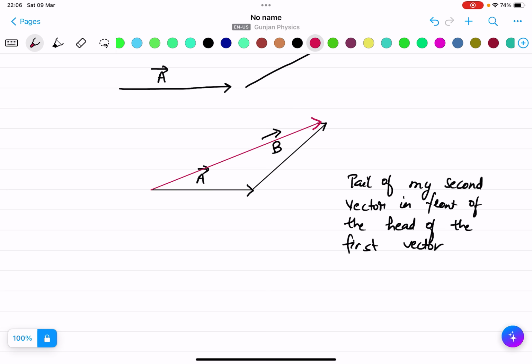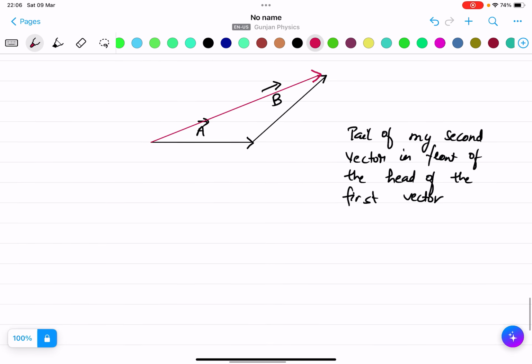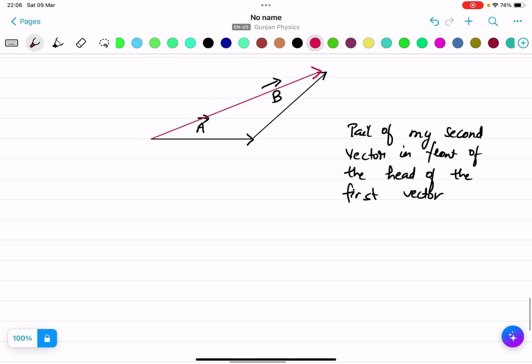So basically, I can say R equals A plus B. If it is showing the negative of a vector, that means A vector plus minus A vector equals 0.